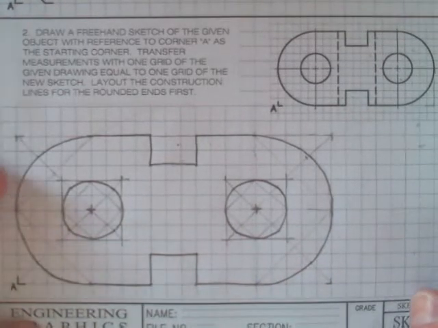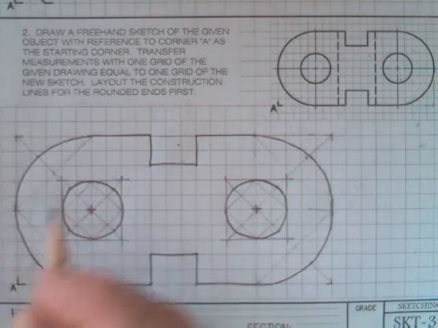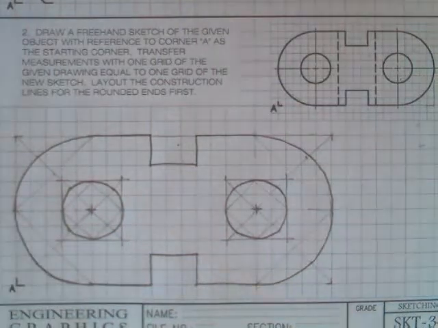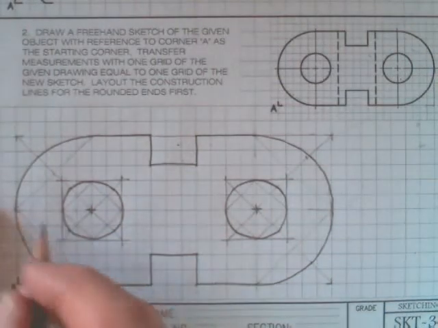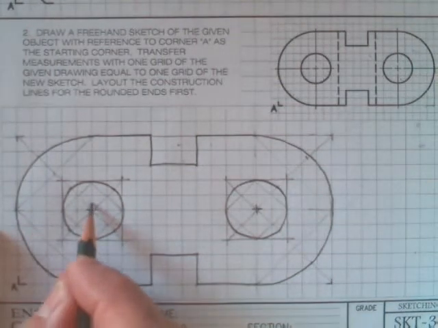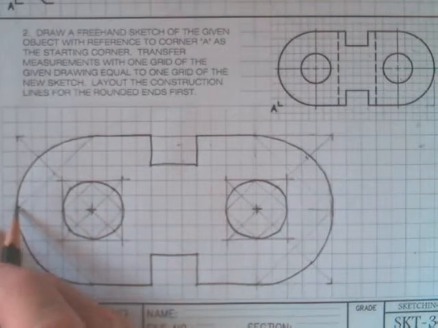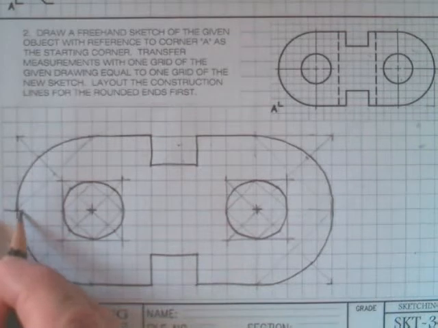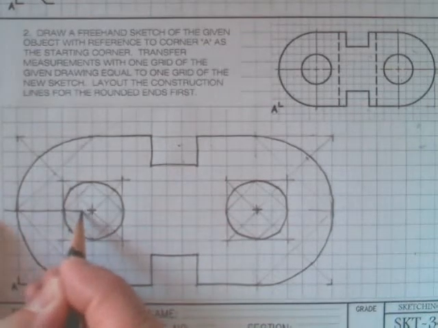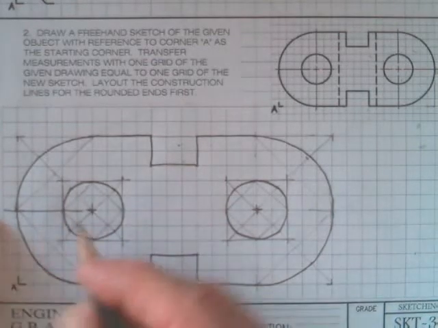I need to add the hidden lines and also the center lines. I'm going to add the center lines first, and I'm going to add those to emphasize that the circle and the rounded end have the same center point. But my center line starts past the rounded end.